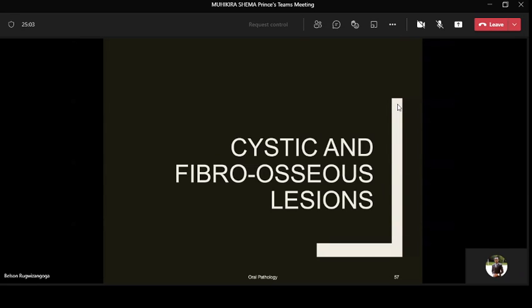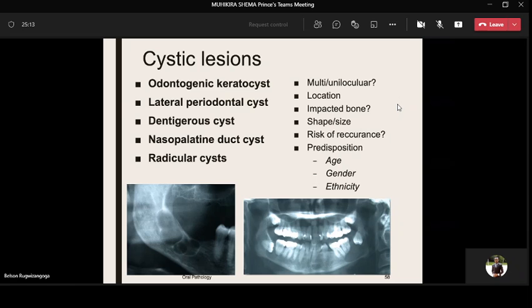Okay, we proceed with cystic and fibro-osseous lesions in the oral cavity. So cystic lesions, I think I mentioned them. We have many types of cysts, and cysts differ greatly in how they occur, their origin, how they behave, and especially their consequences.